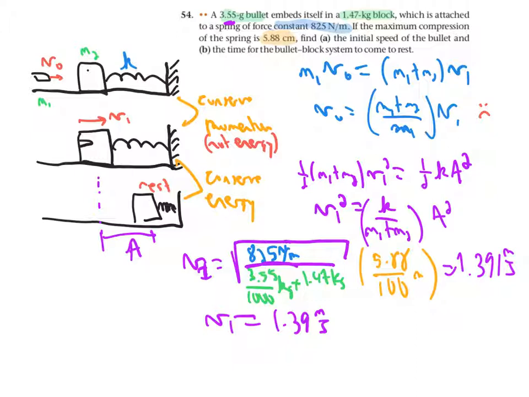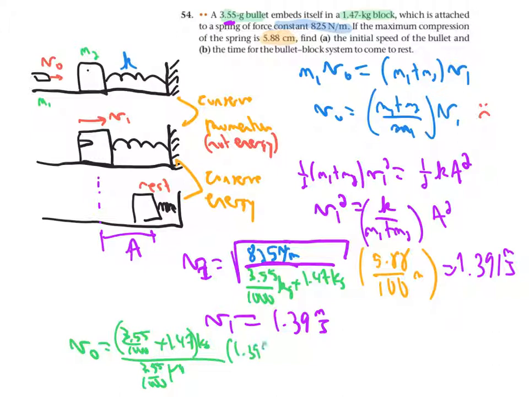So v0 is the ratio of masses, so it's going to be 3.55 over 1,000 plus 1.47 kilograms over m1, which is 3.55 over 1,000 kilograms, all times this speed, 1.39 meters per second, and we get 576.96 meters per second, which clearly becomes 577 meters per second, which is pretty fast.